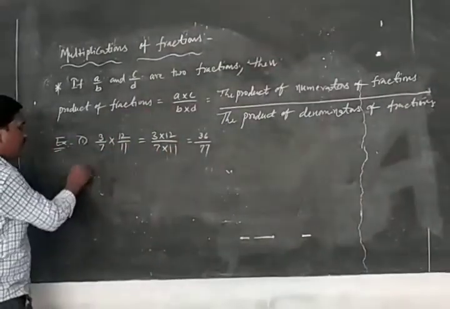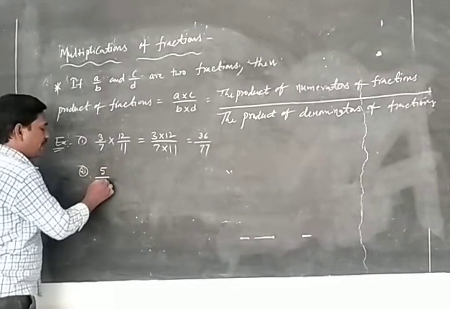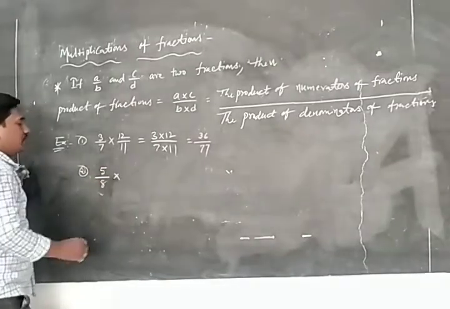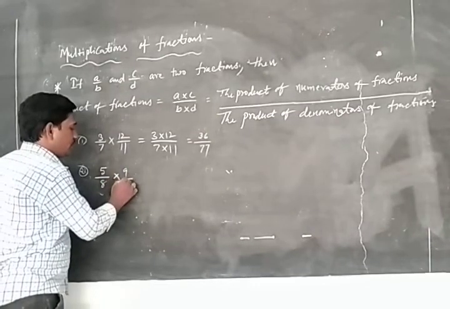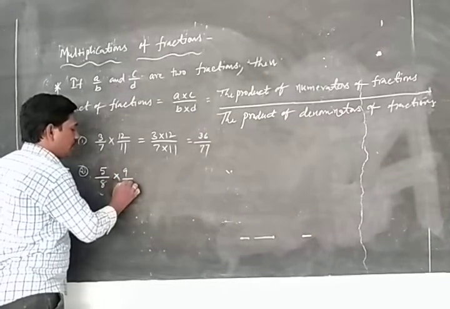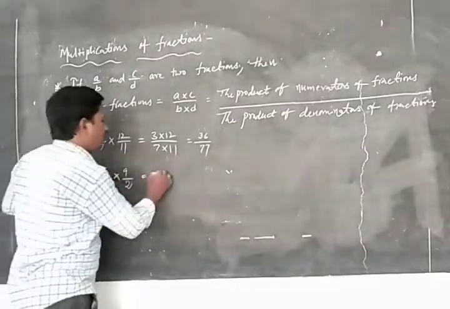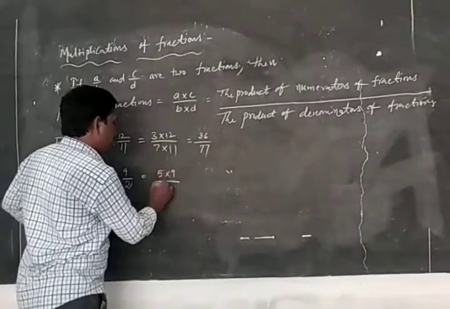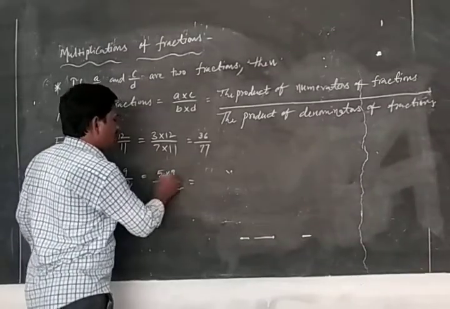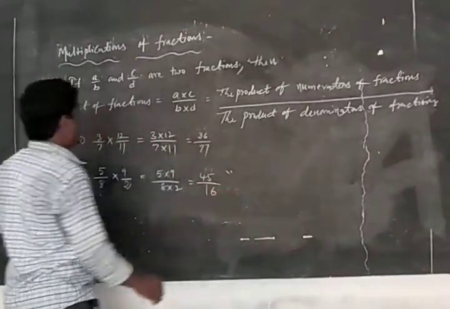And 5 by 8 into 9 by 2. 5 into 9 by 8 into 2. 5 9s are 45 by 8 2s are 16.